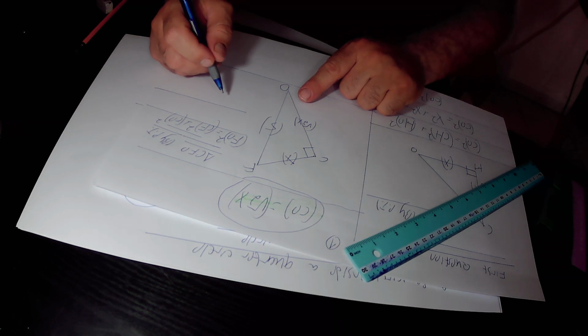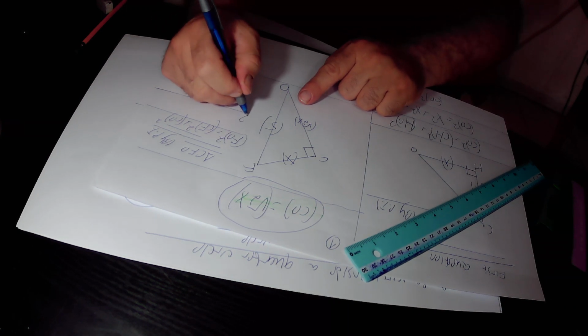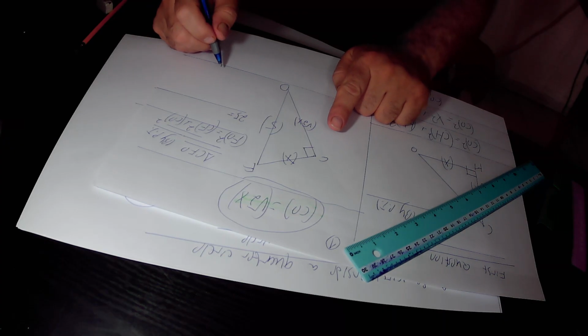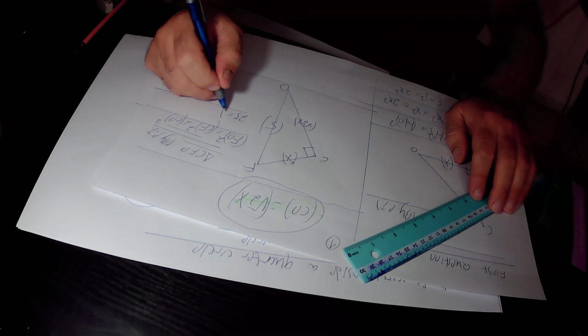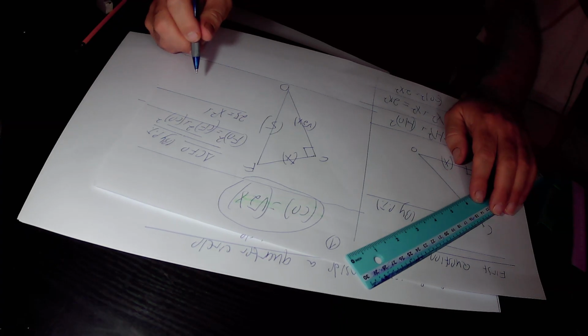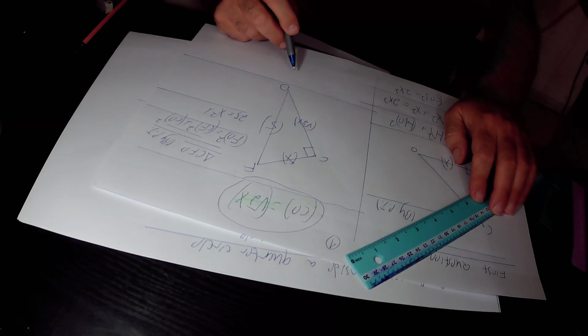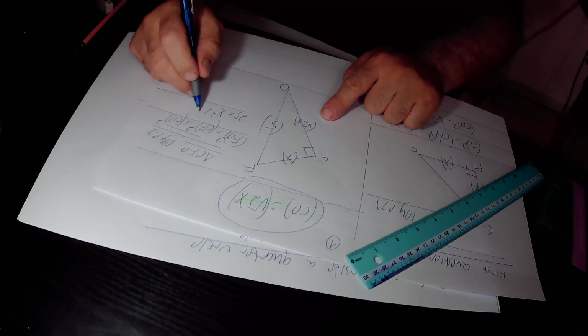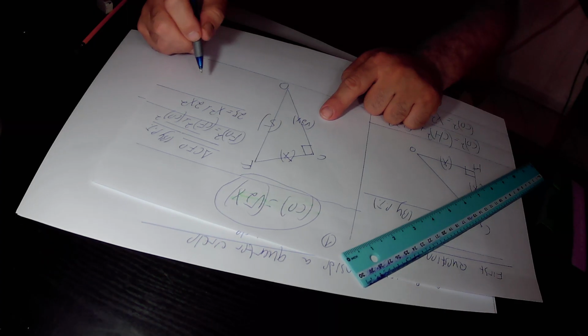FO is 5, therefore FO square is 5 square, that is 25, and it equals CF square. CF is x, therefore CF square is x squared, plus CO square. CO is equal to square root of 2 times x, therefore CO squared is 2x squared. So in total, 25 equals x squared plus 2x squared.